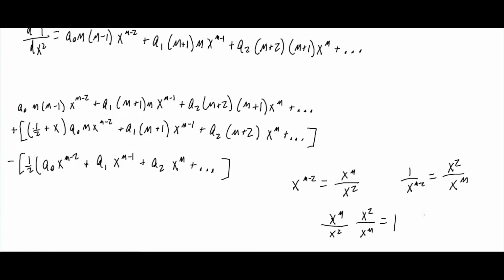And so we can see too that if we have x to the m minus 1, which is x to the m over x, and we multiply that by x squared over x to the m, this will end up equaling x.